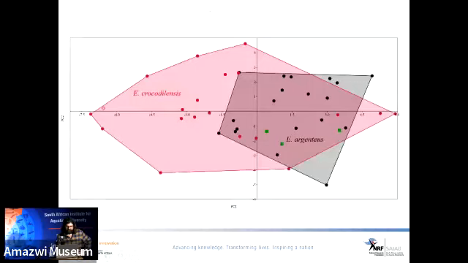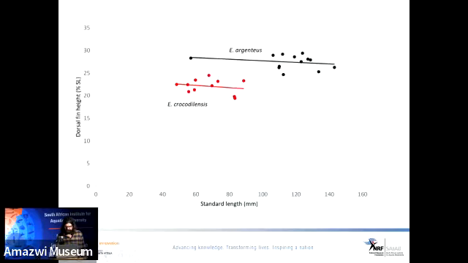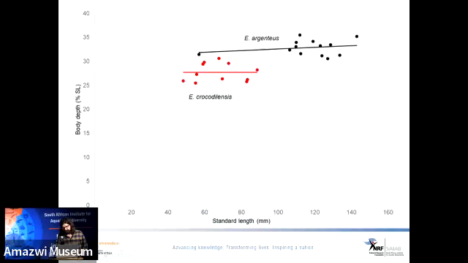Did some measurements, and based on the morphological measurements, there's quite a lot of overlap. Argenteus is in black there, crocodilensis in red. Based on the morphology, there were some patterns that we could see separate the two species. Argenteus has a higher dorsal fin height and a deeper body compared to crocodilensis.